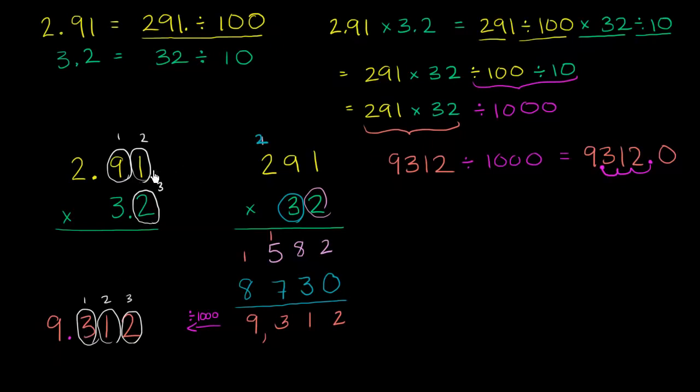We re-expressed this as 291 divided by 100, and this as 32 divided by 10. Dividing by 100 and dividing by 10 essentially accounts for these 3 decimal places. So we essentially get rid of those 3 decimal places, but then we have to reintroduce those 3 decimal places by shifting.